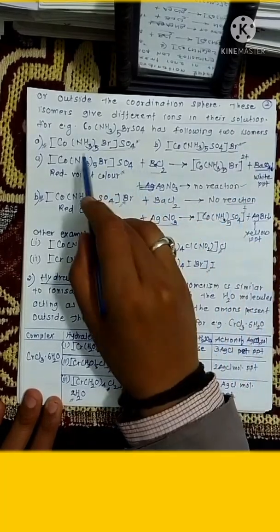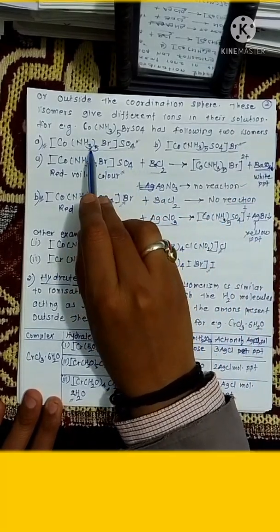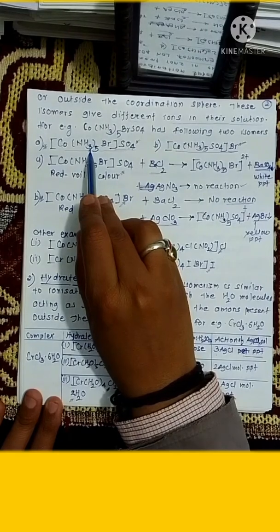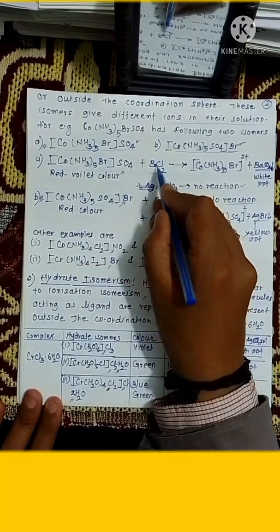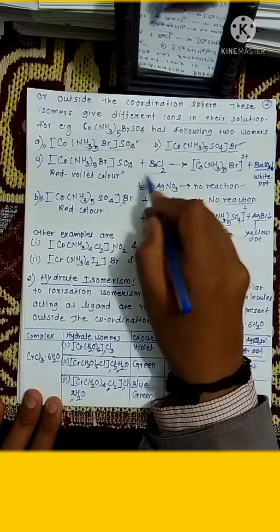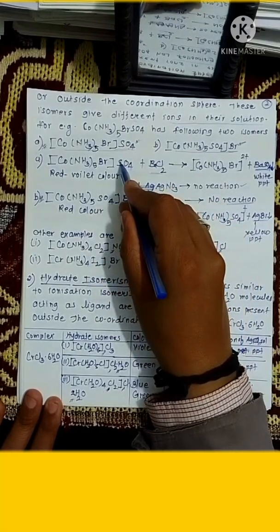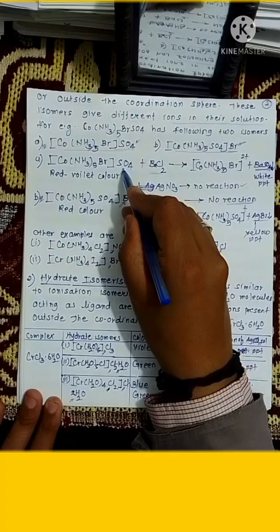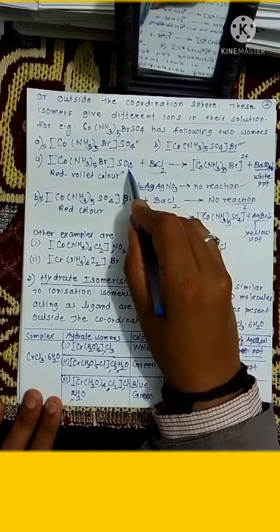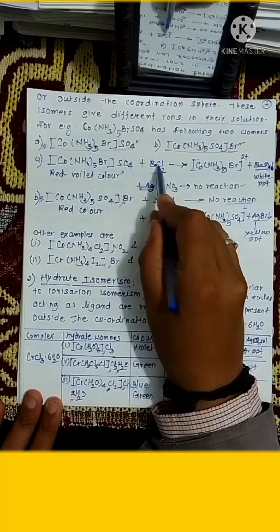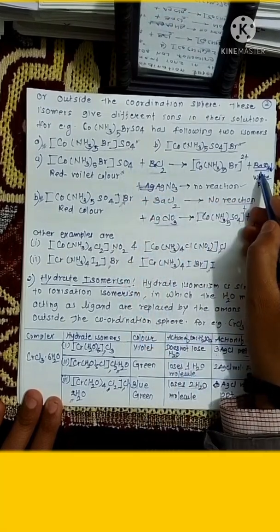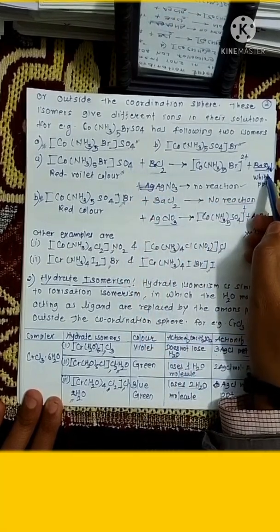When the solution of this complex is treated with barium chloride, we see that in this complex sulfate ion is a counter ion. That's why it reacts and a precipitate of barium sulfate is obtained.